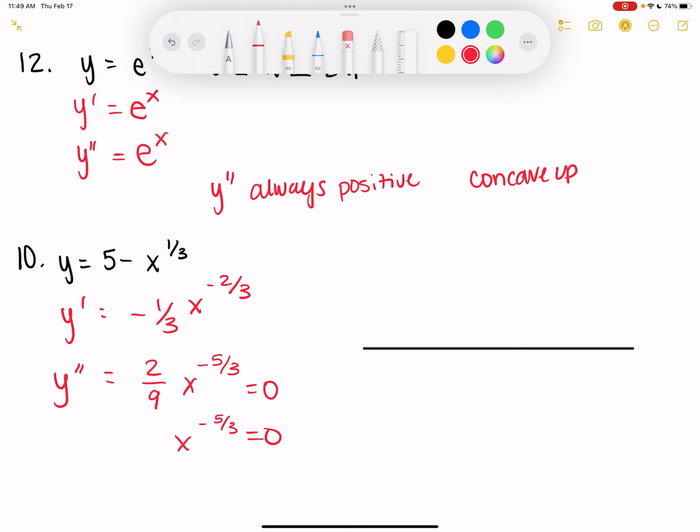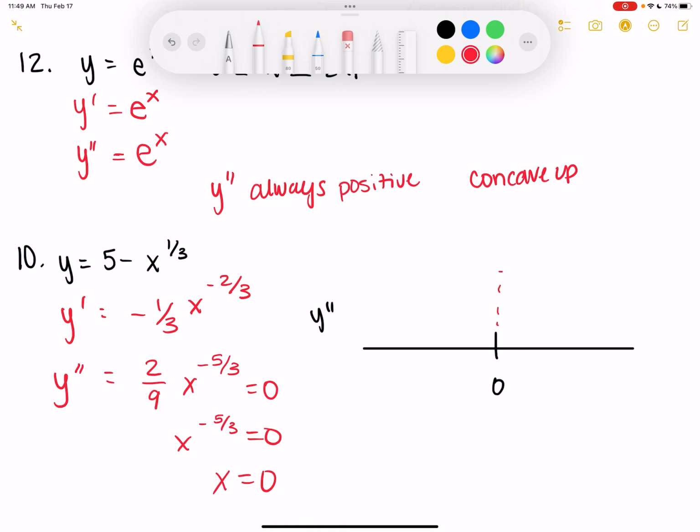So what does x have to be to equal 0? Zero. So I'm going to check 0. Again, I'm checking this for y double prime.